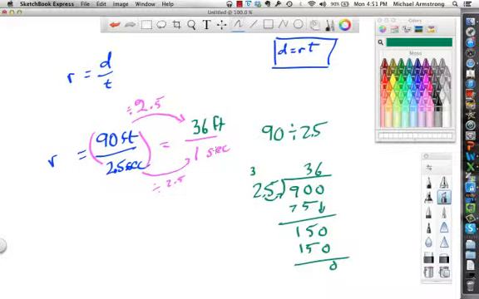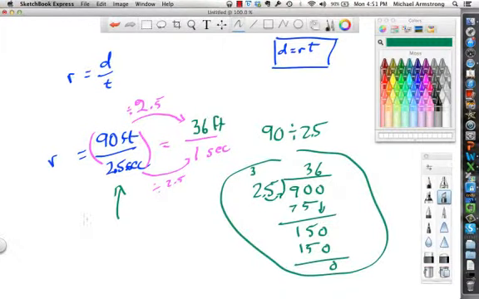36 feet per second. And it's okay to use a calculator. You don't have to. I didn't. You can do it like me. That's the better way to do it, but it takes more time. This is a calculator exercise. You have to understand how ratios work, and then you have to understand how to use a calculator.